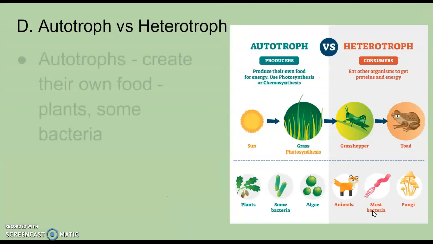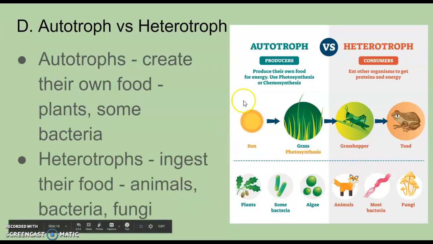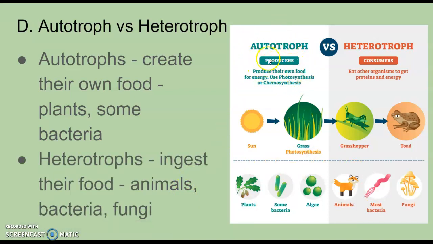Now this, you guys know about already. Autotrophs, like autopilot, they create their own food. I want you guys to identify producers and autotrophs, meaning the same thing, like they're producing their own food. And heterotrophs, as you know, ingest their food. They're consuming their food. So these words, producers and consumers, are going to be new words that we haven't used in this class before.